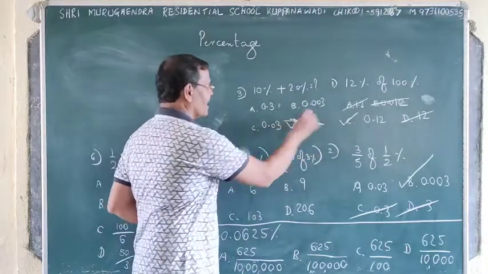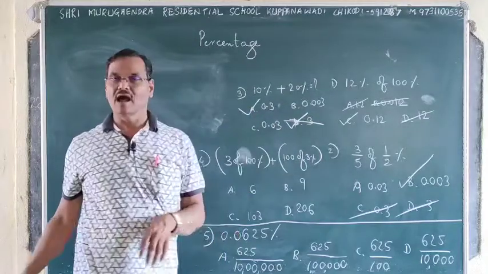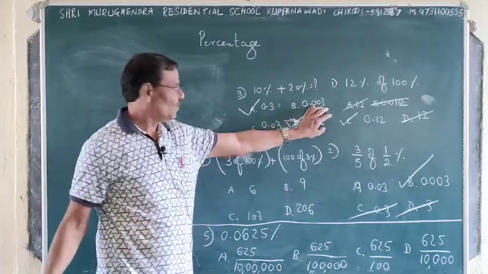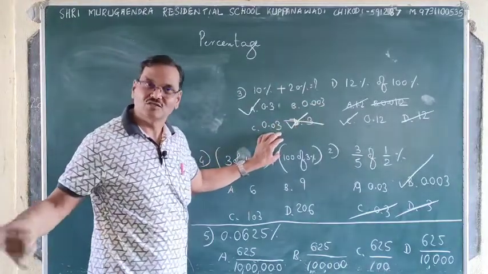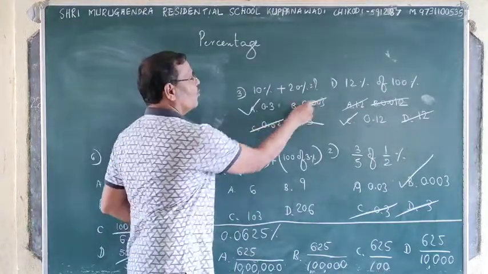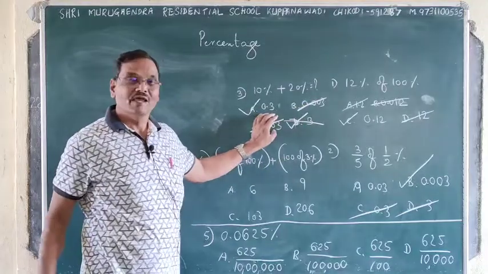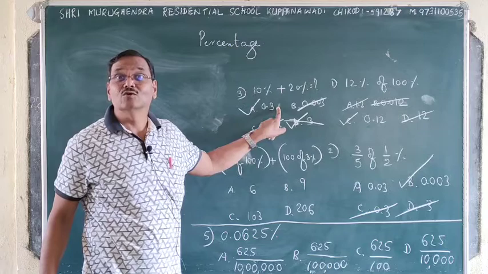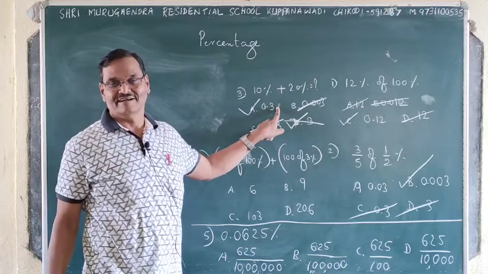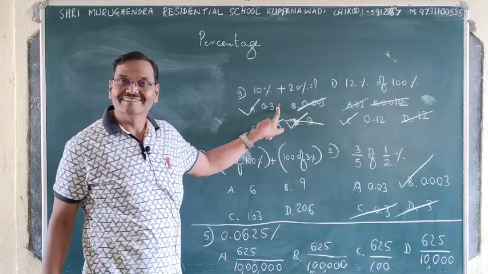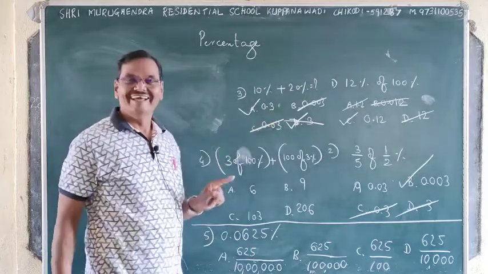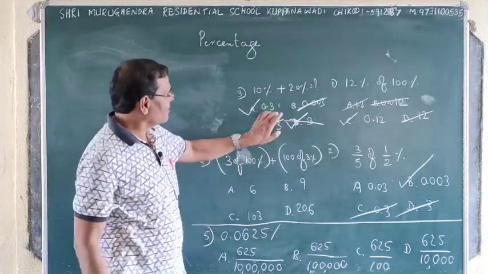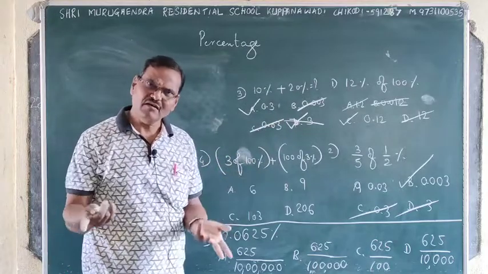So it is not our answer. A is our answer. This is 3 places? No. This is 2 places? No. Only 1 place will come because the 0 here makes no difference. Only 3. It is 10 to 3, then 100 to 30.